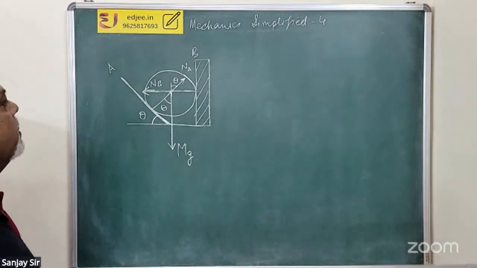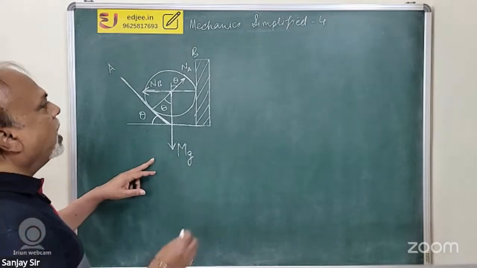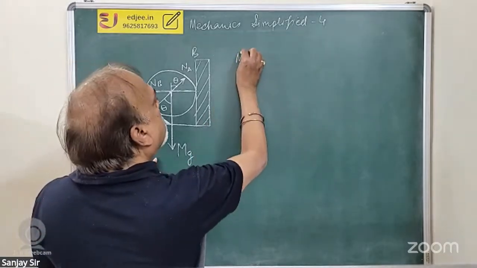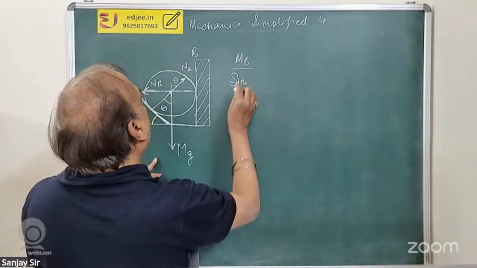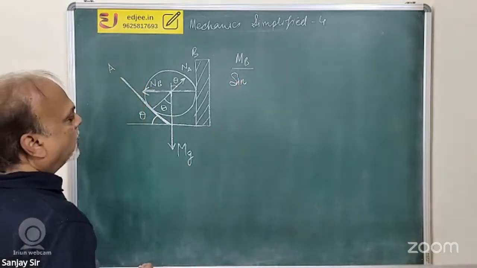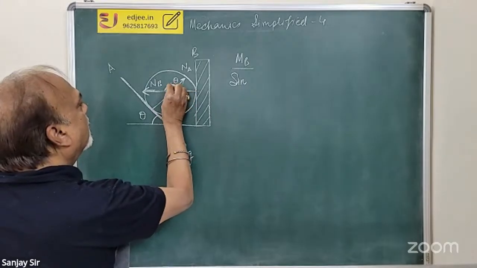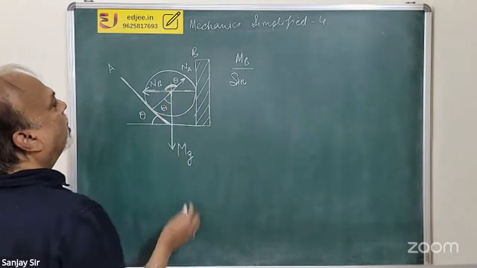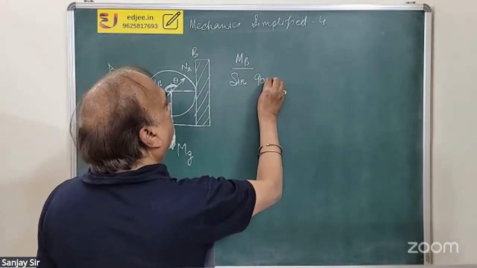Correct? So, mg divided by sine of the opposite angle. You have to take the opposite angle. That is 90 plus theta.